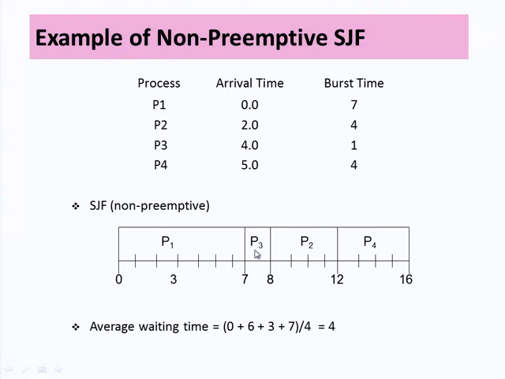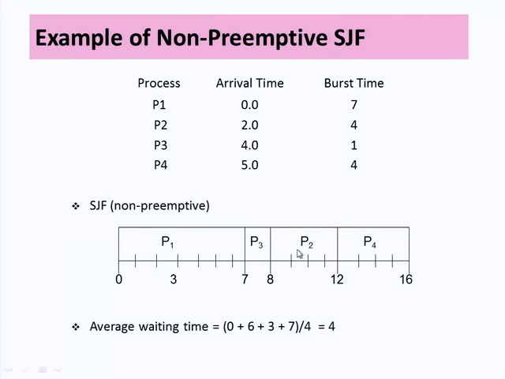Now P3 arrived at T equals 4 and started the service at T equals 7. That is 3 milliseconds.